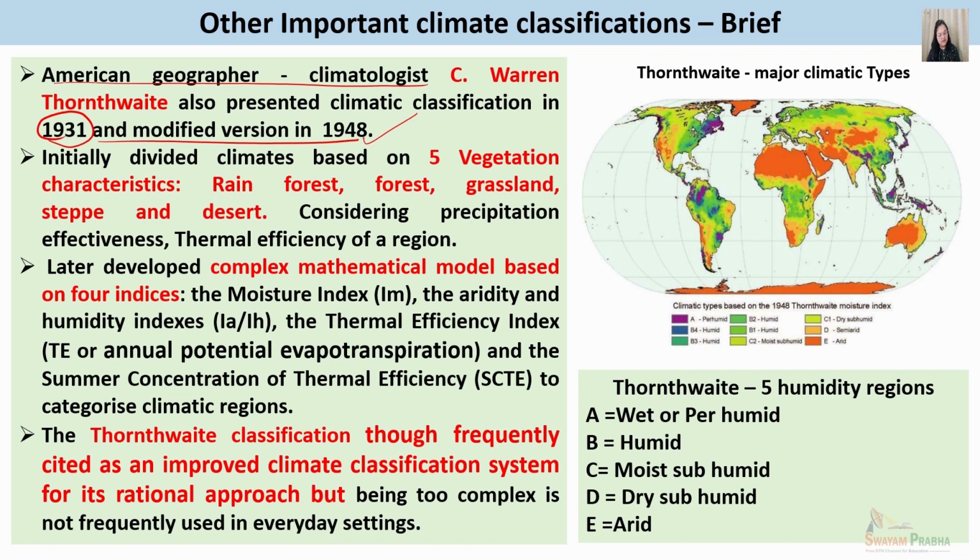So initially he divided climates based on 5 vegetation characteristics. First is the rainforest, then forest, third is the grassland, fourth is the steppe, and fifth is the desert.